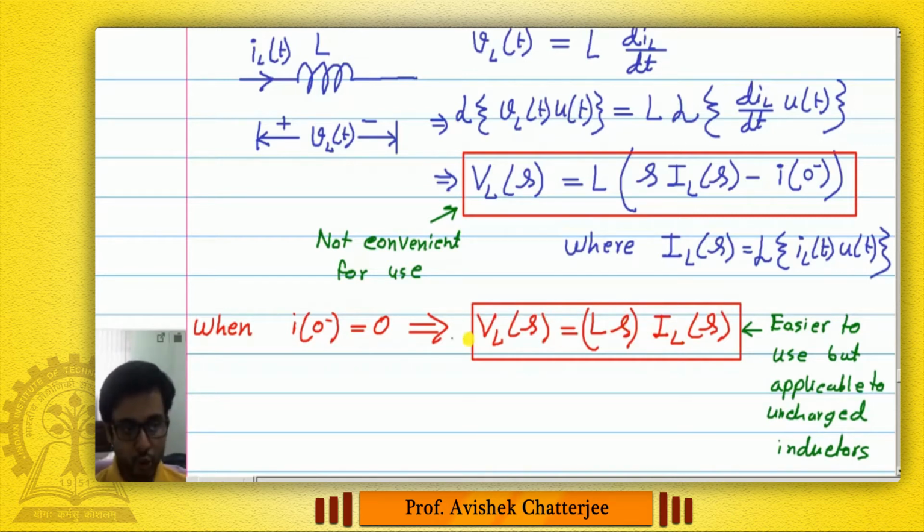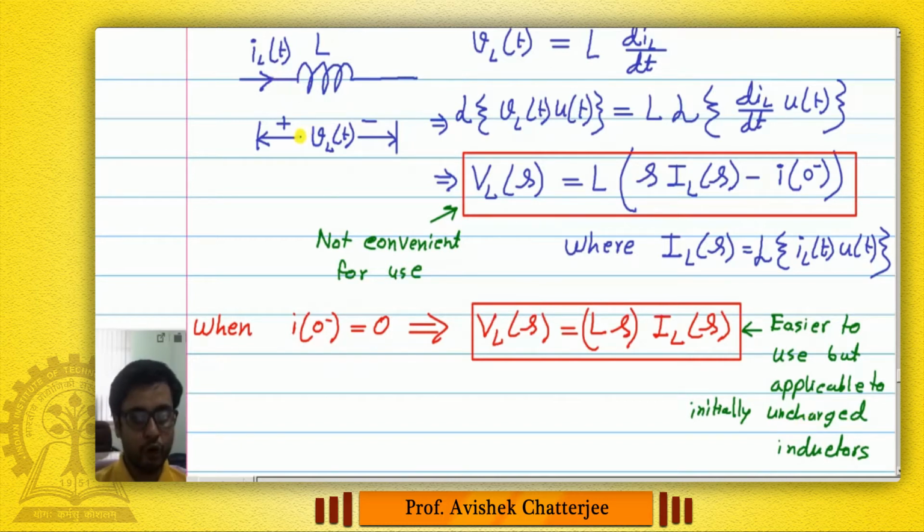However, this is true only if the initial current through the inductor is 0. So this is applicable to uncharged inductors only. I mean initially uncharged, and uncharged means that the current is 0 initially.